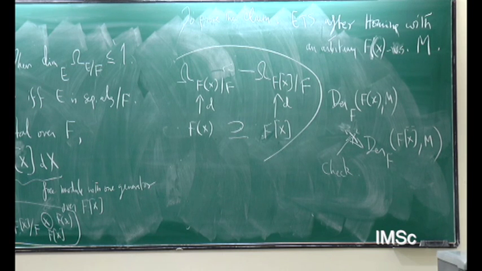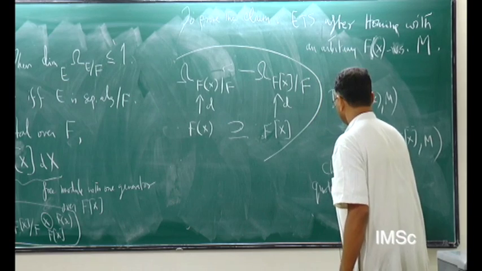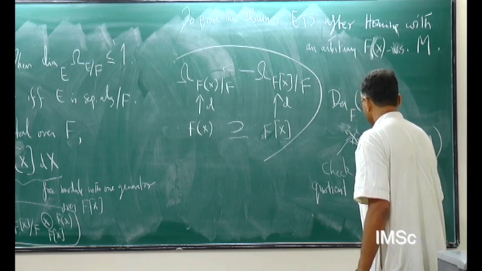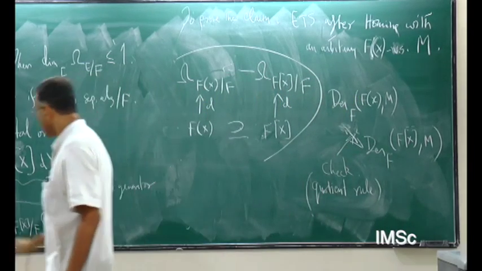And it is also surjective because I can extend it using the quotient rule once again to F(x). Okay, so this is a check using the quotient rule. So that proves this.